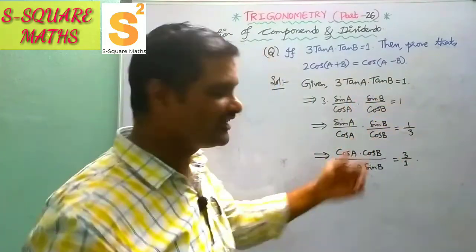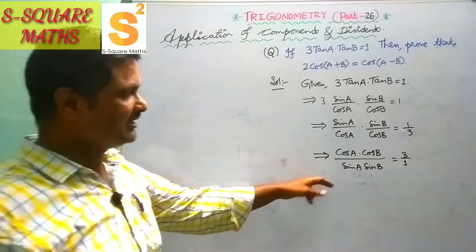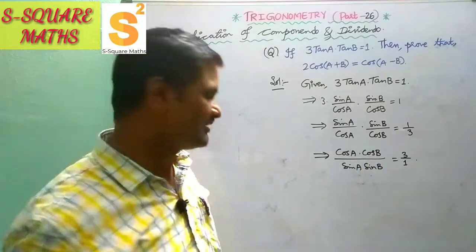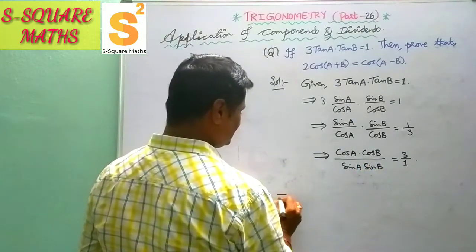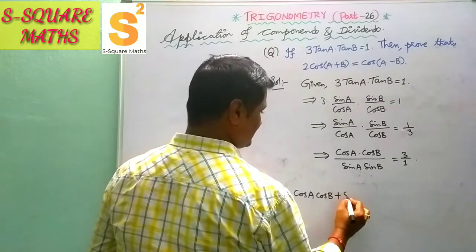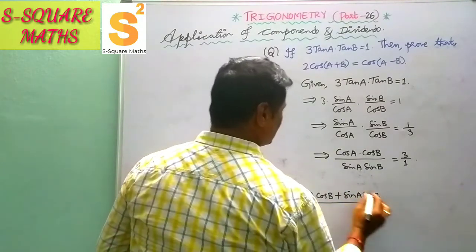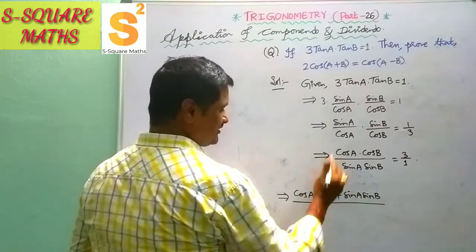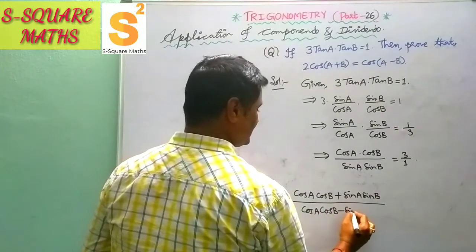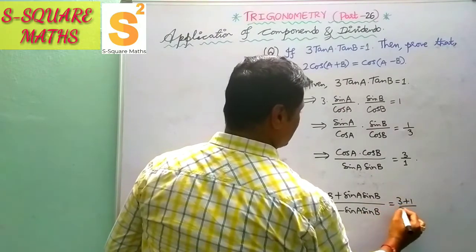Here, applying componendo dividendo: if A by B is equal to C by D, then A plus B by A minus B is equal to C plus D by C minus D. So this I can write now: cos A cos B plus sin A sin B by cos A cos B minus sin A into sin B. So LHS is completed; RHS is 3 plus 1 by 3 minus 1.